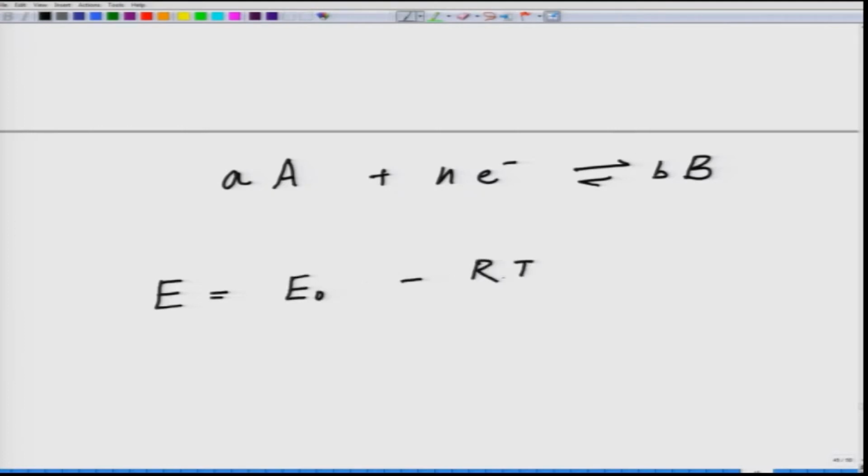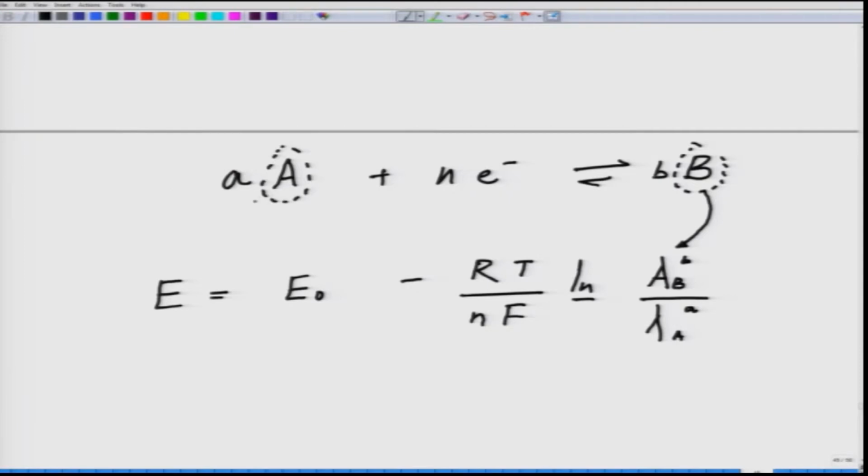So, the Nernst equation for the reaction that I just showed, say for example, if this is the reaction, it will be E, which is in volts, equals standard potential E0 minus gas constant, absolute temperature, number of electrons, Faraday's constant, natural log, this is the natural log, of concentration of B over concentration of A. So essentially, the product over the reactant.